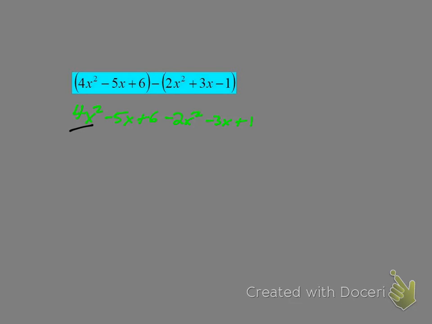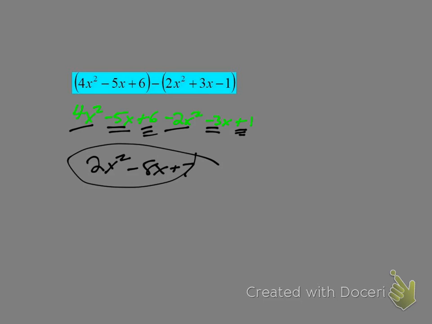Get your like terms. 4x squared minus 2x squared gives you 2x squared, minus 5x minus 3x is minus 8x, plus 6 plus 1 is plus 7. Circle it.